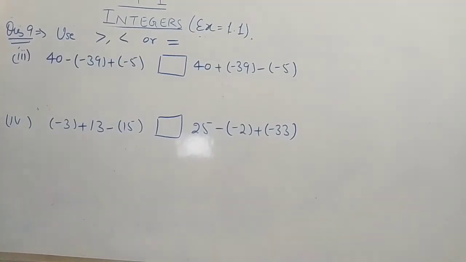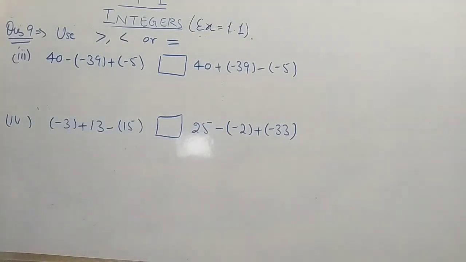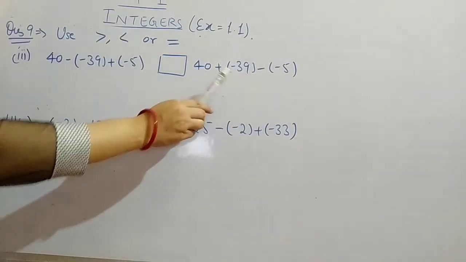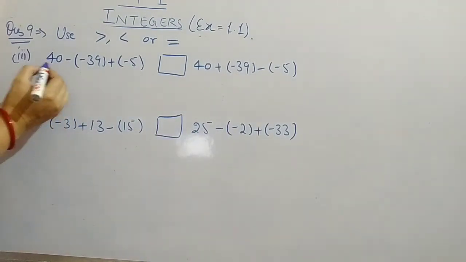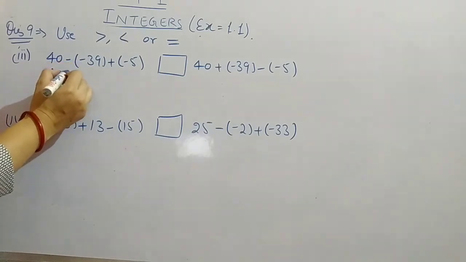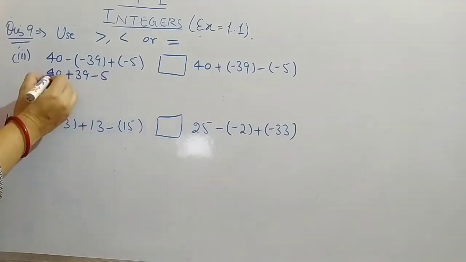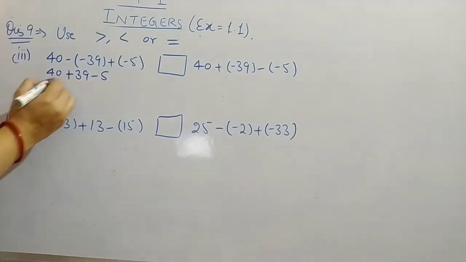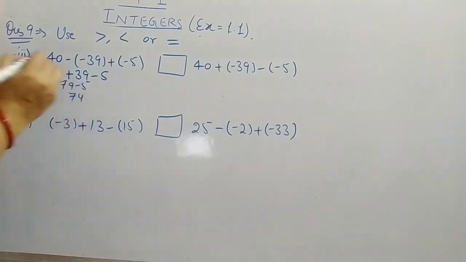Next, third part, 40 minus minus 39 plus minus 5. Right side we have 40 plus minus 39 minus minus 5. So first to simplify left side, it will become 40 minus minus will become plus 39 minus 5. 40 plus 39, 79, and 79 minus 5 will be 74.